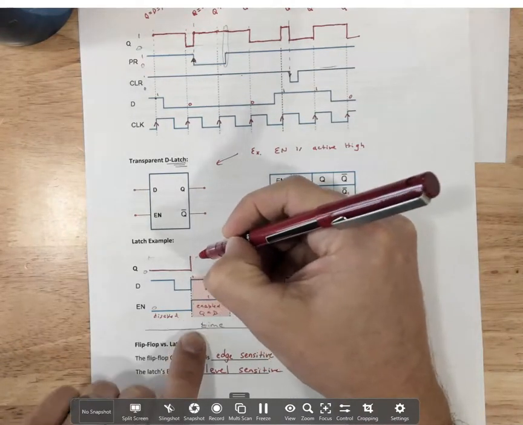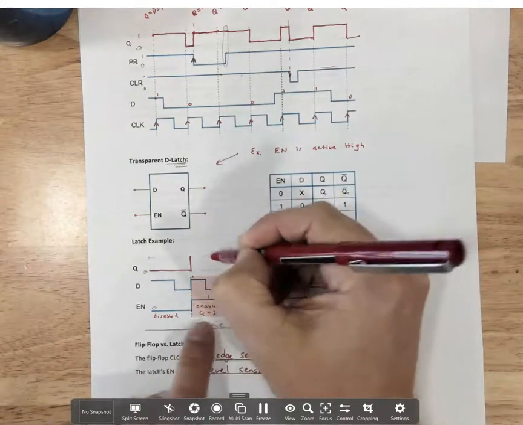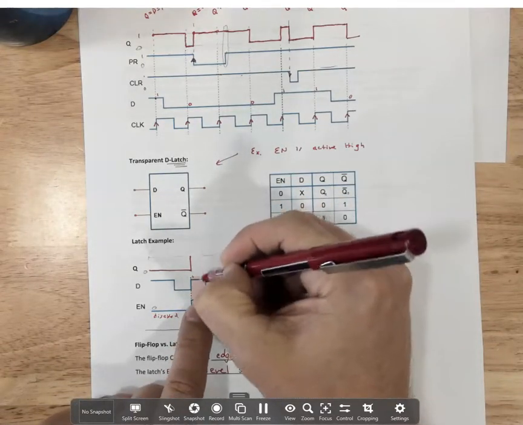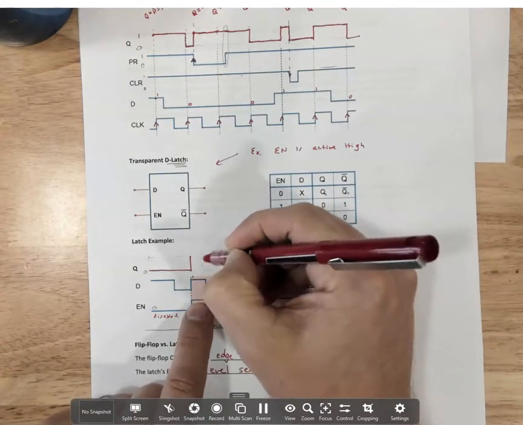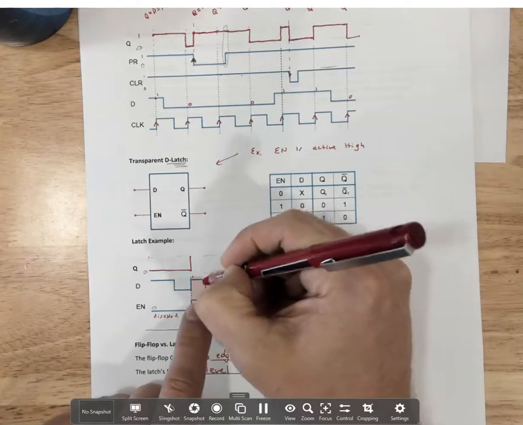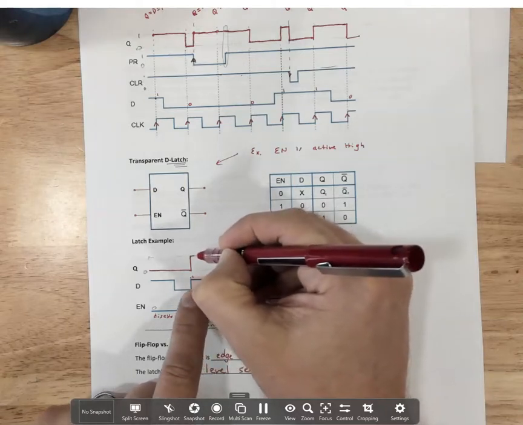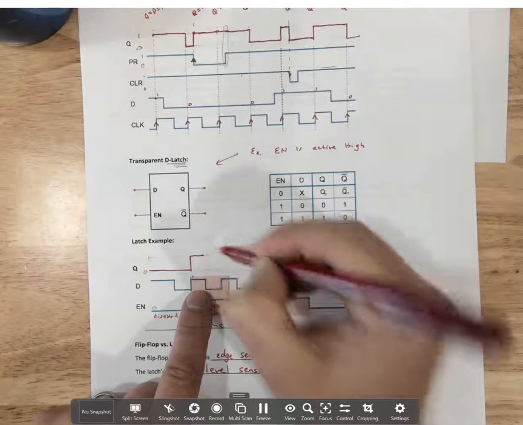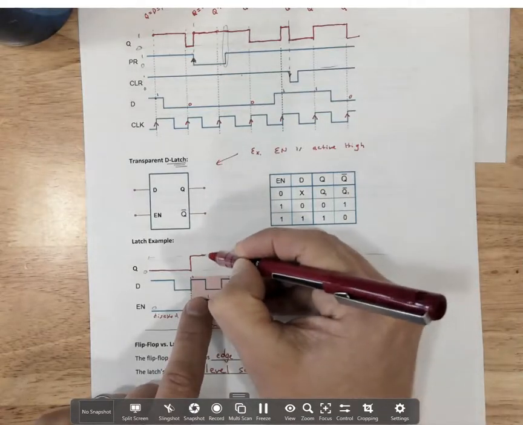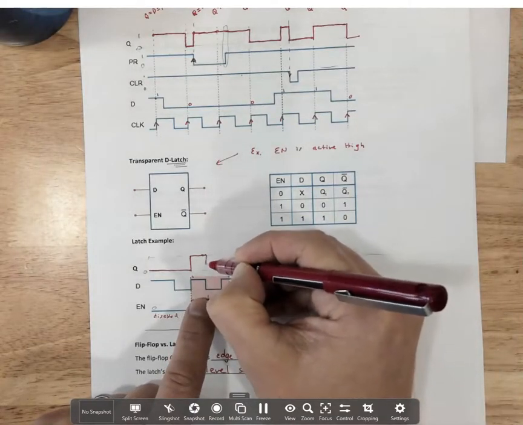As long as we're enabled, Q is going to actively and simultaneously match D. While D is 1, Q is 1, but when D goes down, at the same time, Q goes down.